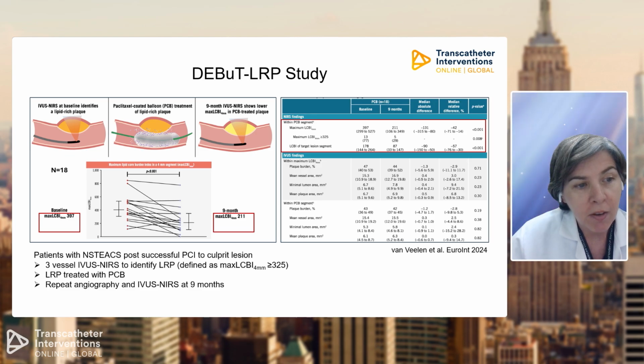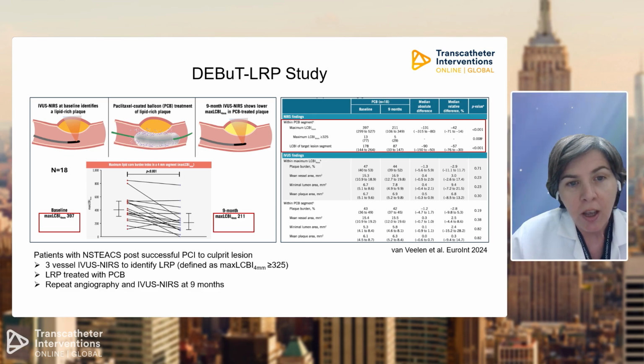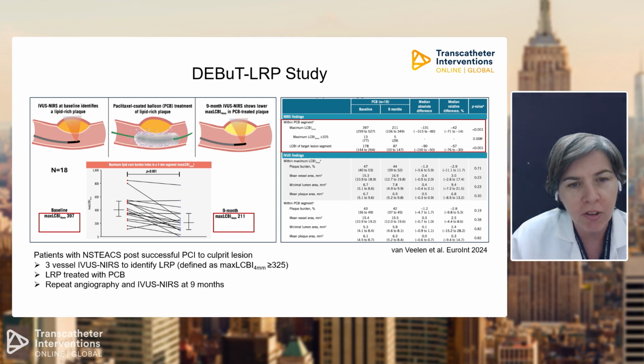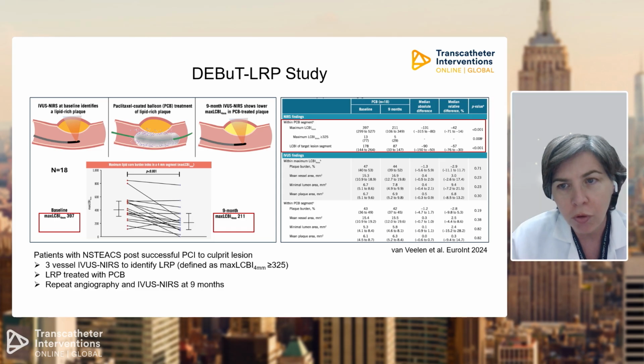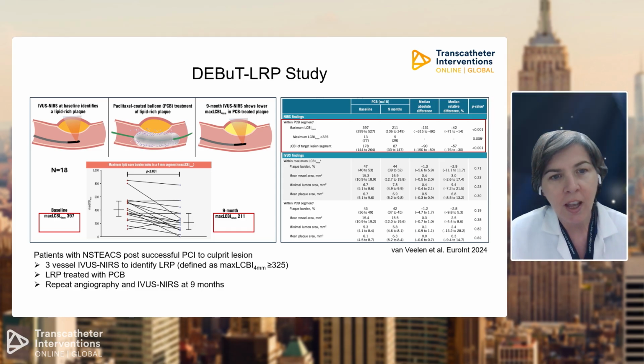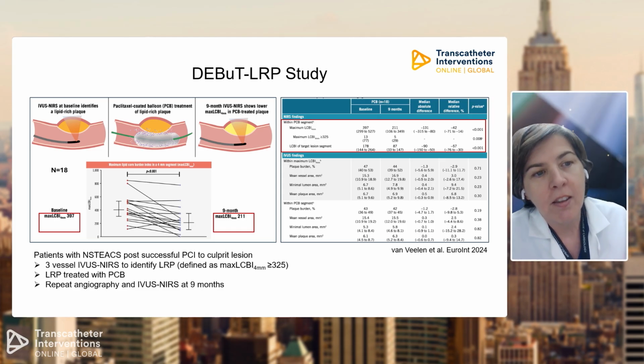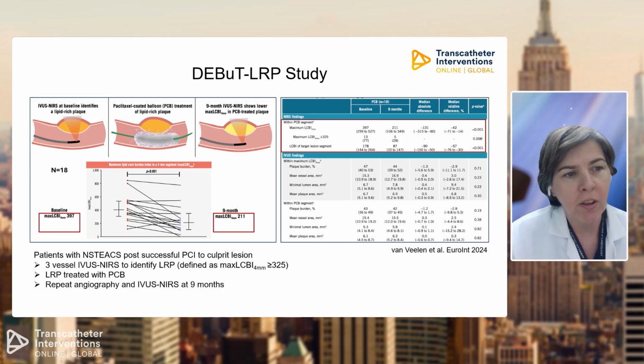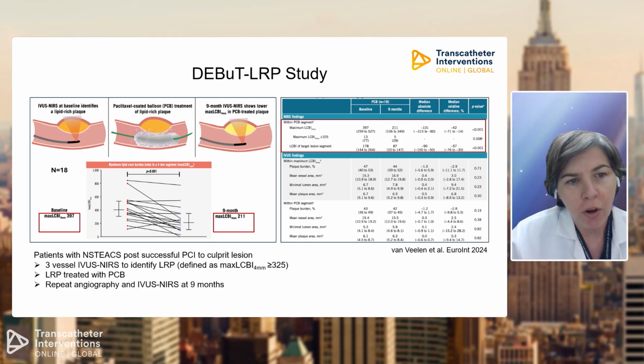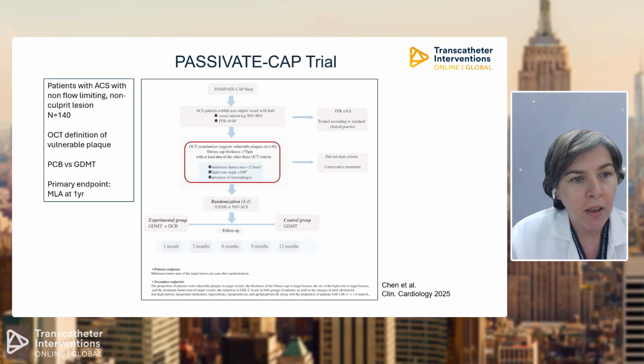And you see that the max LCBI had fallen to 211, and this was statistically significant even in the small number of patients. What's also interesting, though, is if you look at the IVUS parameters of plaque burden and MLA, there was no change in those. So interesting hypothesis generating data about the possibility of DCBs being potentially therapeutic in these lesions.